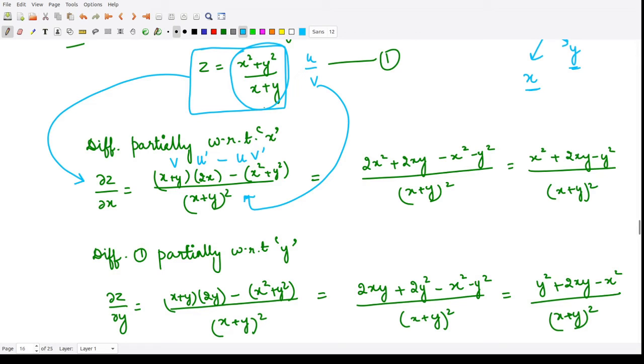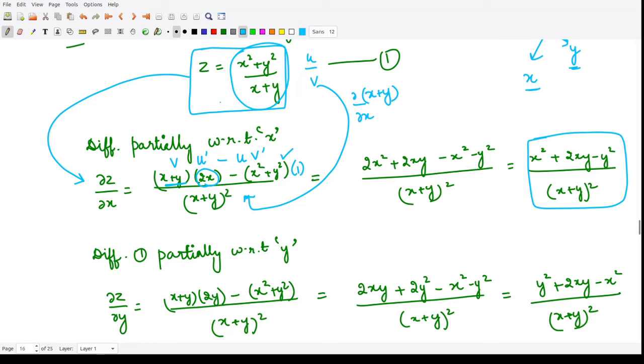What is v? v is x plus y as such, and the derivative of u is the derivative of x square plus y square partially with respect to x, which is equal to 2x, because we are keeping y constant. Then minus u as such, that is x square plus y square, times the derivative of x plus y partially with respect to x, which is equal to 1. So this is the quantity that you have. Now you could simplify this a bit. So this is the value that you got from here.